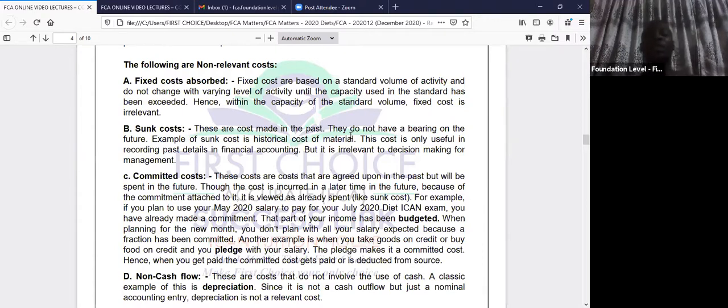So if you see things like incurred, paid, these are written in the past tense. You just underline sunk. These costs are sunk. But when you see things written in the present tense, will pay, will be incurred, these are future. Now, these are future costs and you make them relevant.